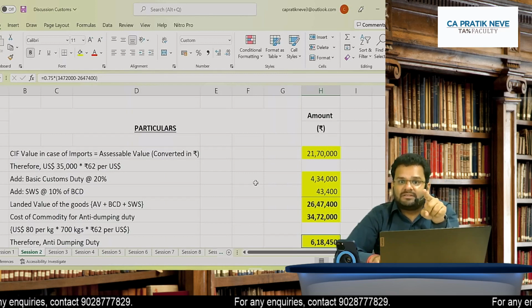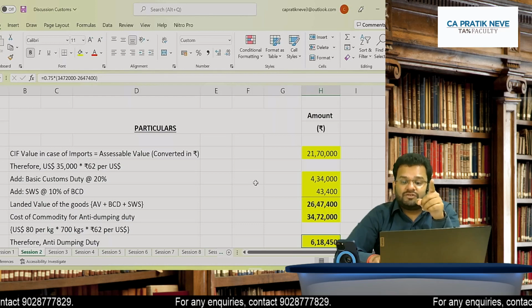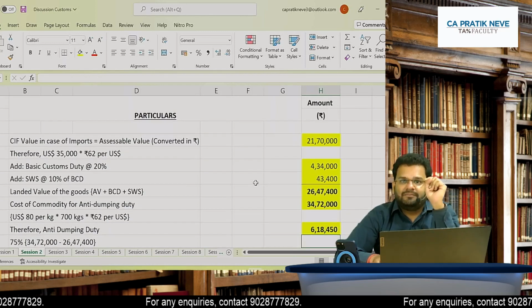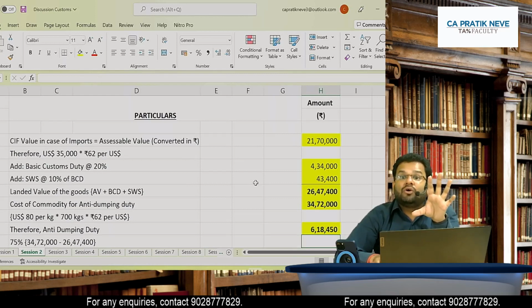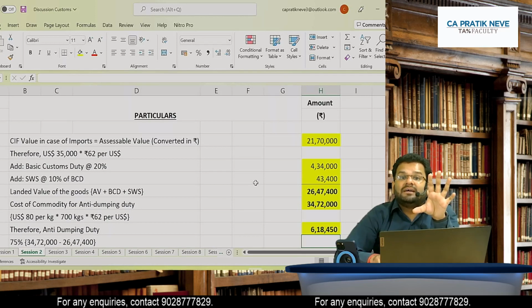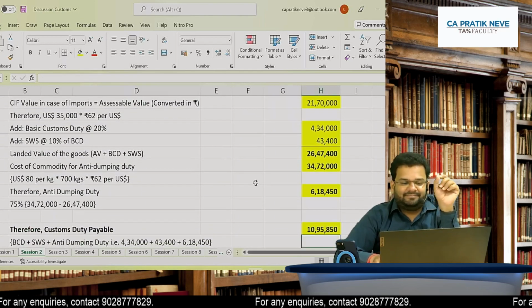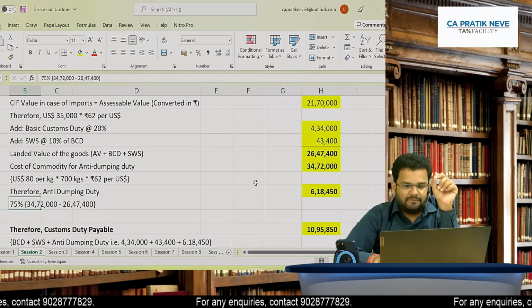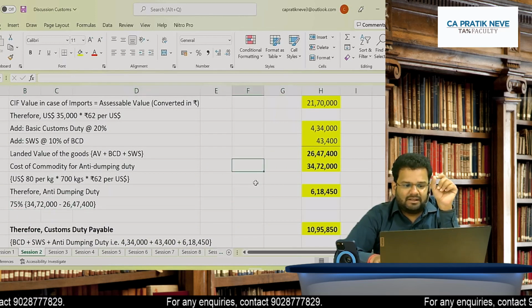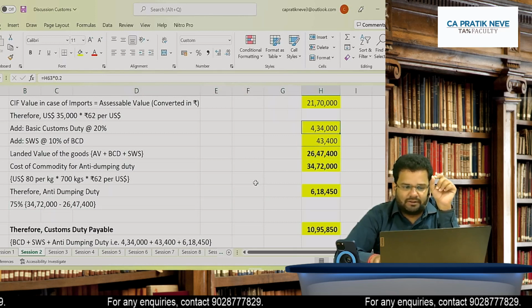6,18,450 is the difference. If the government wanted, they could have charged this as anti-dumping duty. But the government is saying we don't want that. We want to charge, in this example, 75% of this. So basically 34,72,000 minus 26,47,400.